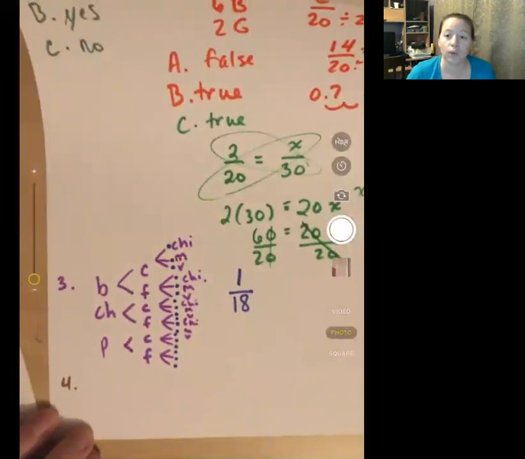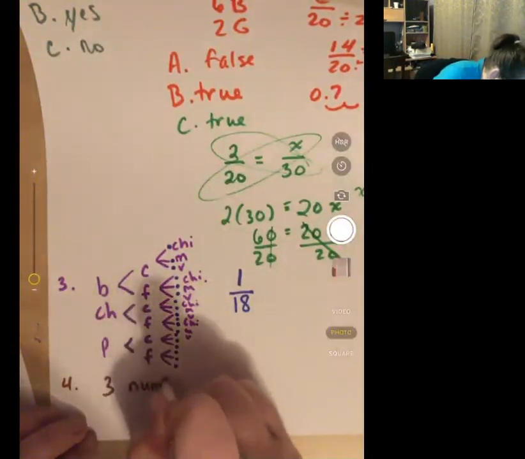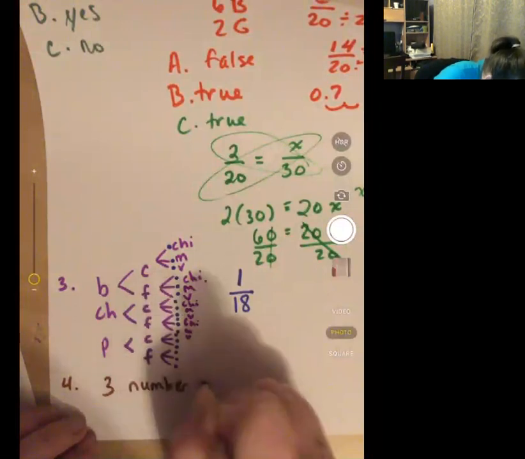Okay, so since we're dealing with 3 days, we will need 3 numbers each time.